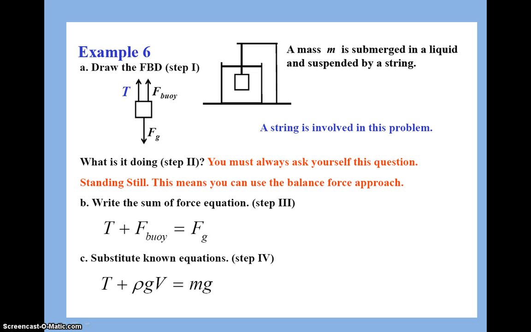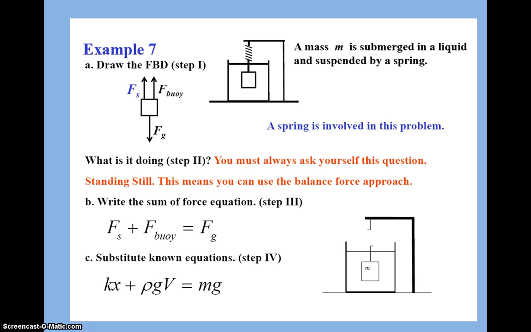So if we were to write a sum of all forces equation, I could have tension plus force buoyant is equal to force gravitational. This is going to be similar to something that you'll do in the lab as well as what you'll see on the classwork. And then of course we also have springs that we've looked at before.